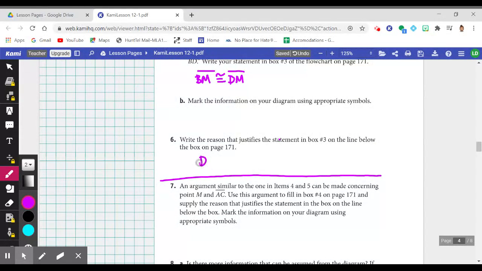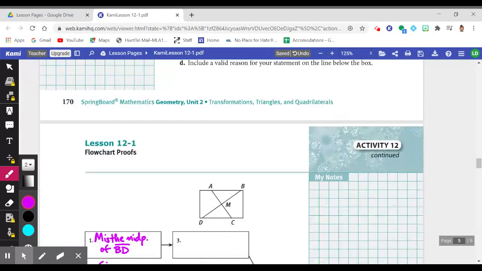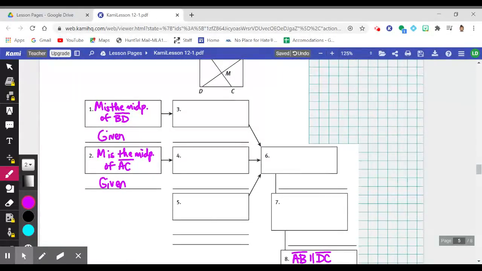Well, it's the definition of midpoint. Midpoint is a point that bisects a segment into two congruent segments. So let's go and add that on statement 3. Line segment BM is congruent to line segment DM, definition of midpoint.